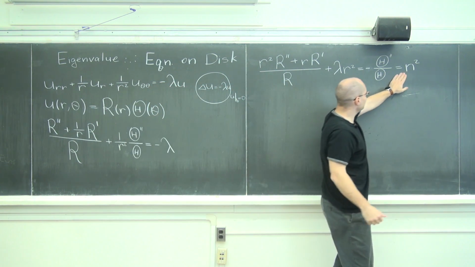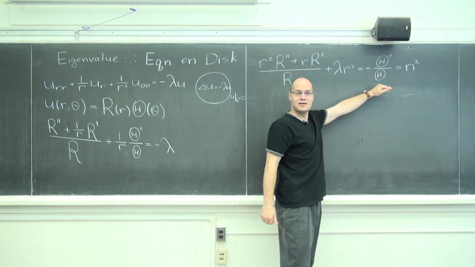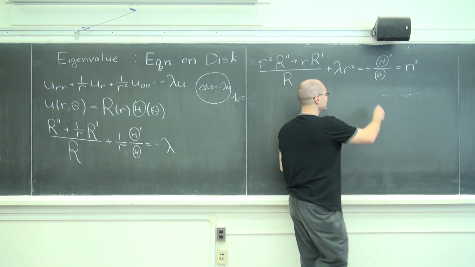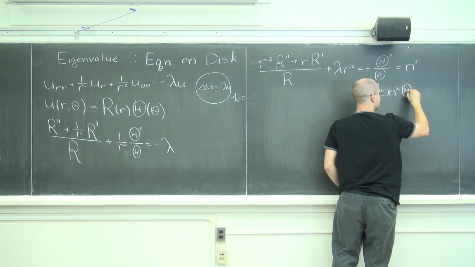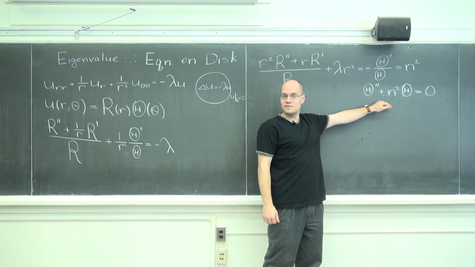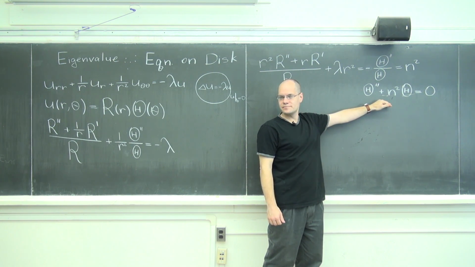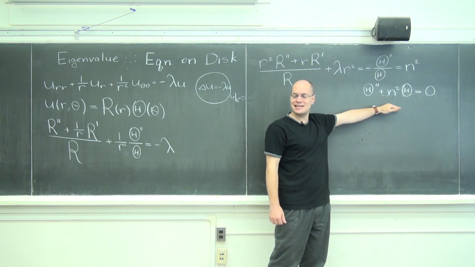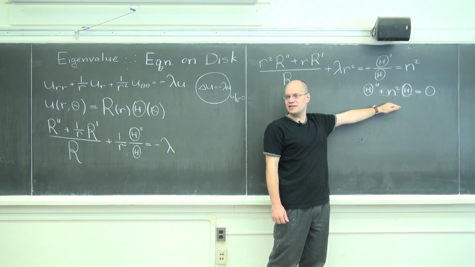So we have our own little eigenvalue problem here for the angular part. And from here we know that theta is a linear combination of sines and cosines of n theta. And so the quantization that we get from this is that n must be a positive integer.